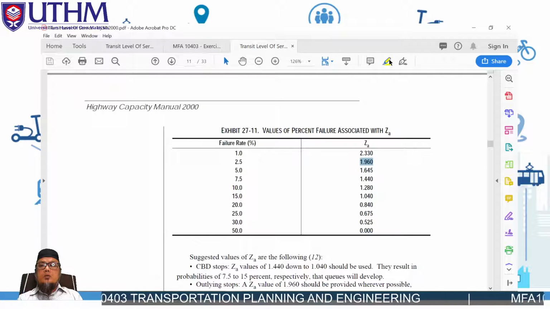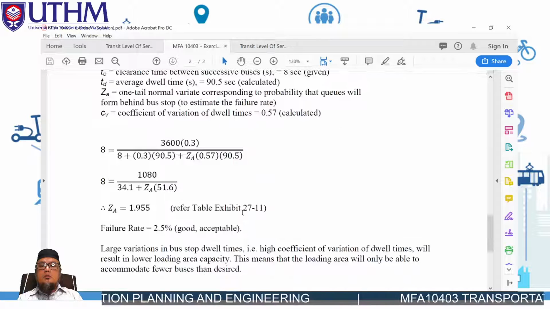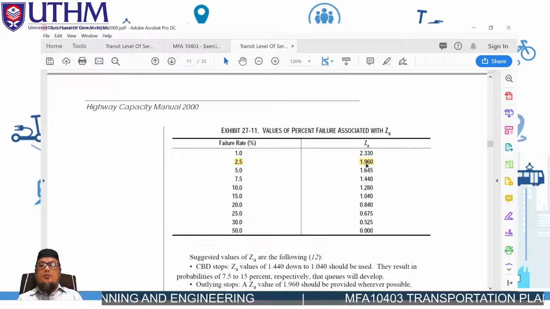But our value is 1.995, while the value here is 1.996. So 1.995 is between these values. So we have to do the interpolation.